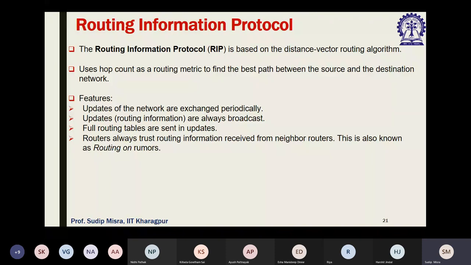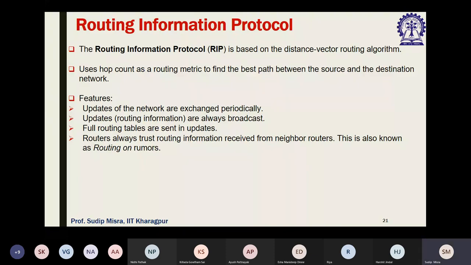So basically here it is going to follow the same distance vector routing protocol for periodic routing updates, but it comes with some speciality.